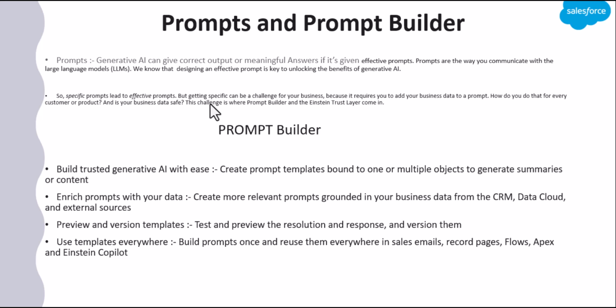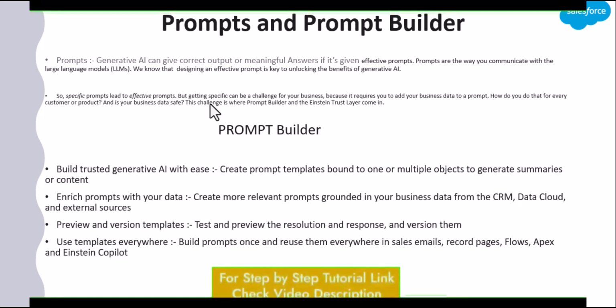And for that library agent, we assigned the data library, where we provided the document in which we have the information about the books. And for that agent, whatever action we assigned, that is created from this prompt template. So that action performed the task to retrieve the information from the data library for the AI agent. That means using this prompt builder, we can create prompts grounded in our business data from the CRM. So in our case, we created the data library, which is Data Cloud.